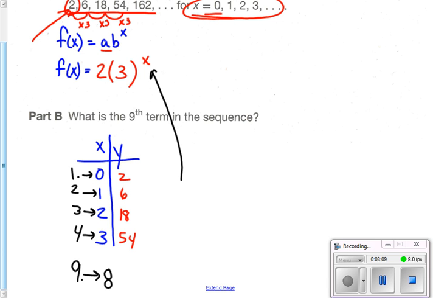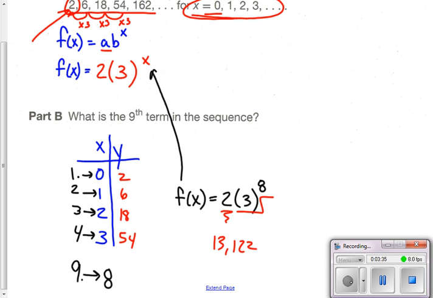So we'd have f of x equals 2 times 3, and in for x we would put in 8. Now, order of operations says that you take care of your exponents first. So we would put in 3 to the 8th power in our calculator. Then we would multiply by 2, and we would come up with 13,122. So this would be our ninth term in the sequence.